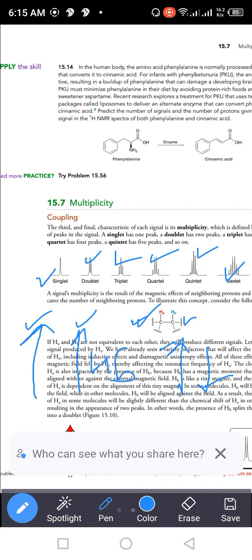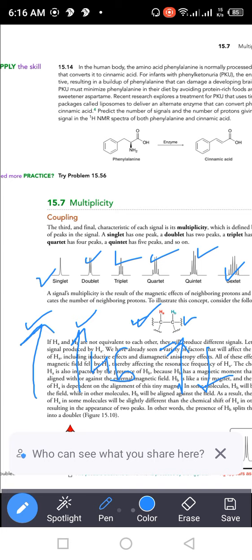So the direction of the HB proton has two types: against the magnetic field and with the magnetic field. Because there are two types of alignment, there are two possibilities for the HB neighbor proton with respect to the external magnetic field. Hence two peaks arise in a signal, because it has two possibilities in direction with respect to the external magnetic field.